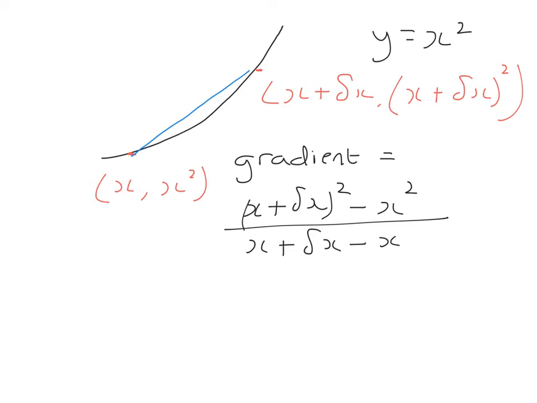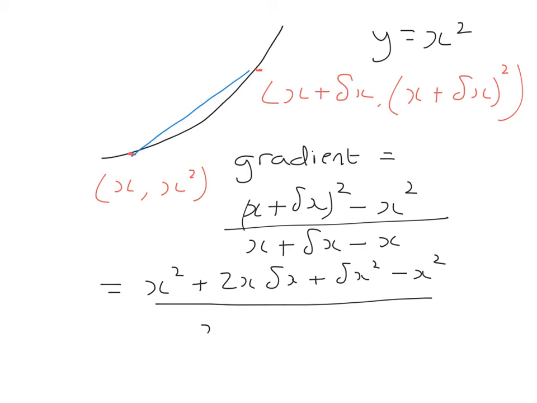Now if I multiply out x plus delta x squared, it's x squared plus 2x delta x plus delta x squared minus x squared, and then it's over x plus delta x minus x.